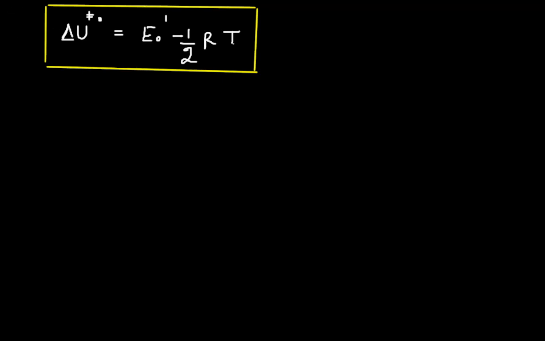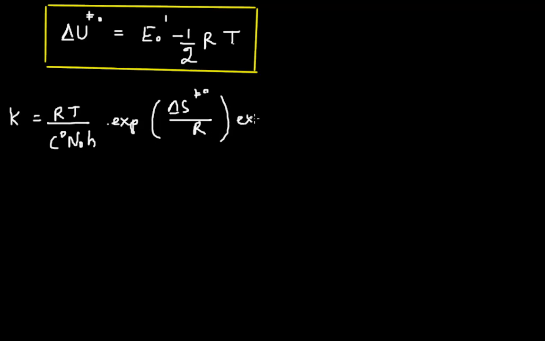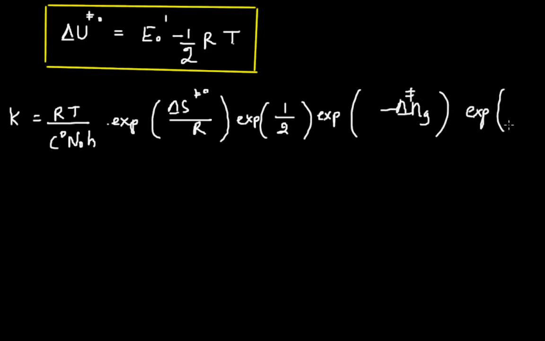The rate constant k will be equal to, when you plug that in, what you are going to get: RT by C naught N naught h, exponential delta S naught by R, exponential half, exponential minus delta ng, and exponential minus E naught by RT.